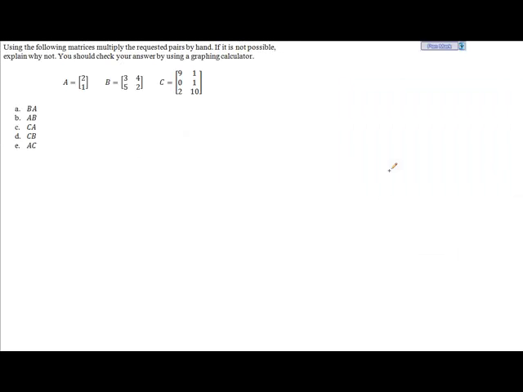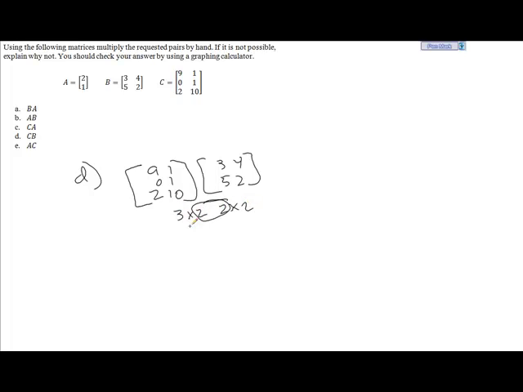C times B is 9, 1, 0, 1, 2, 10 times 3, 4, 5, 2. Here we're going to have to collapse this column all the way down the rows. That's going to form a new column of 3 rows, because keep in mind this is a 3 by 2, and this is a 2 by 2. Inner dimensions match, so I should end up with a 3 by 2.